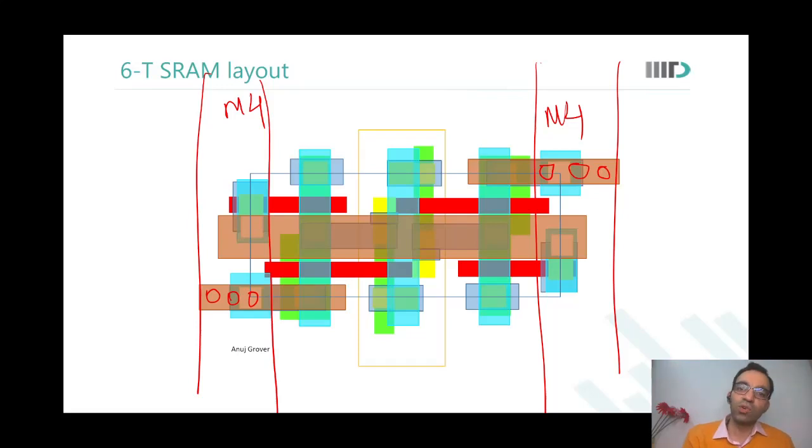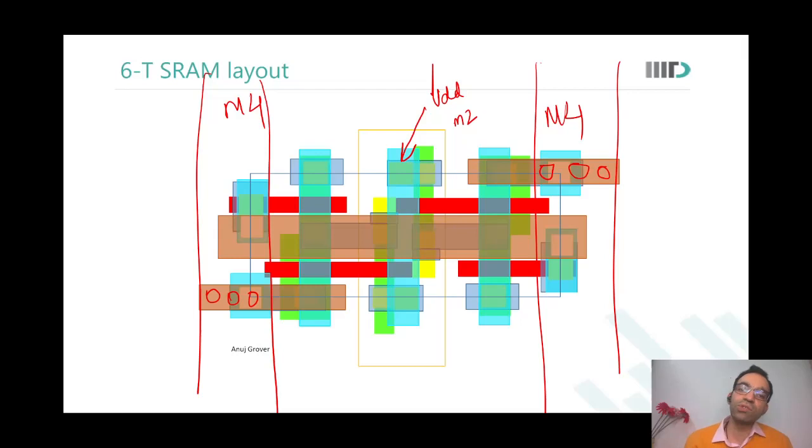Similarly, over here, the VDD supply is provided in metal 2. If you run metal 2 through the entire array, the VDD supply may see some resistance.